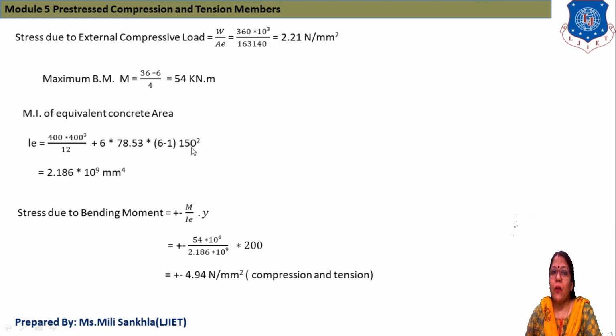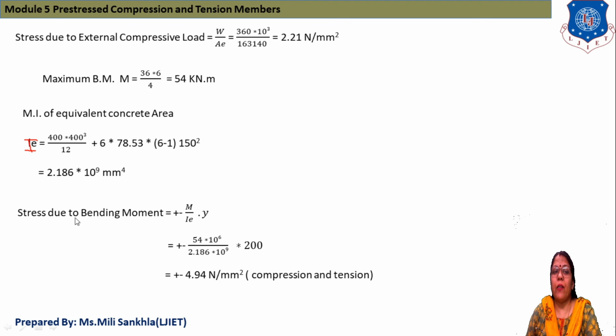Okay, this is the notation of moment of inertia I. Now the answer for this moment of inertia is 2.186 times 10 raised to 9 mm raised to 4.